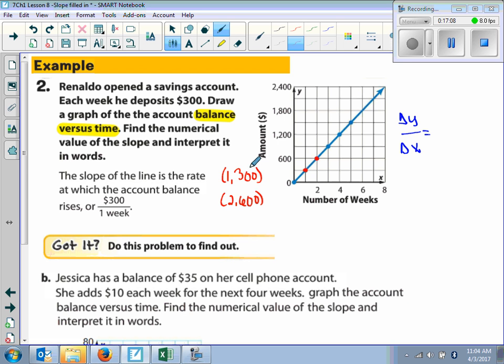The delta y, or the change in the y value, is 600 minus 300, which is 300, right? And the delta x, or the change in the x value, is 2 minus 1, which is 1. So, just like it says here, the account balance goes up $300 for every 1 week.